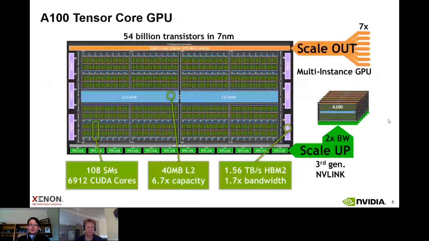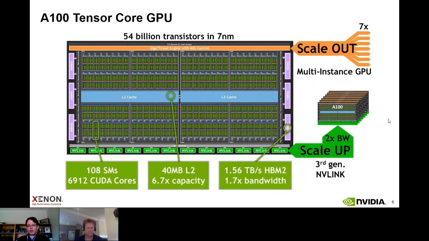So looking at the A100 Tensor Core GPUs, as I mentioned already, 54 billion transistors, which are manufactured in the latest 7-nanometer process. Now it includes 108 SMs and almost 7,000 CUDA cores.